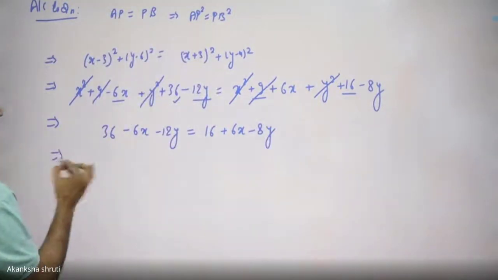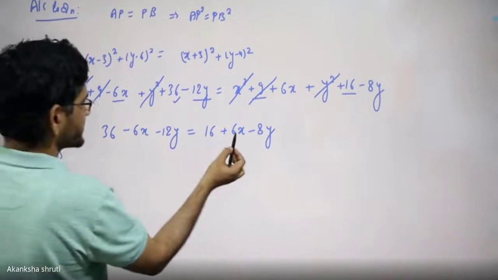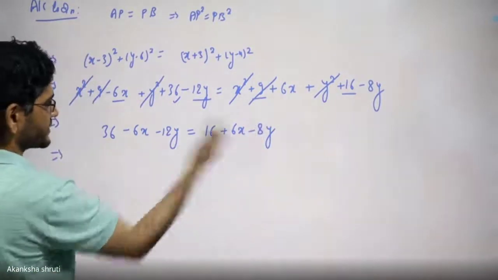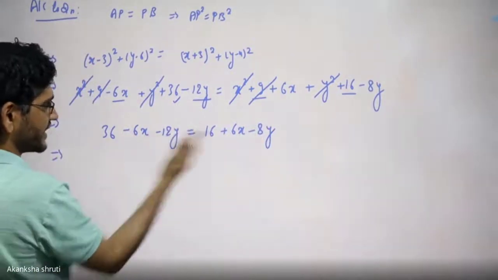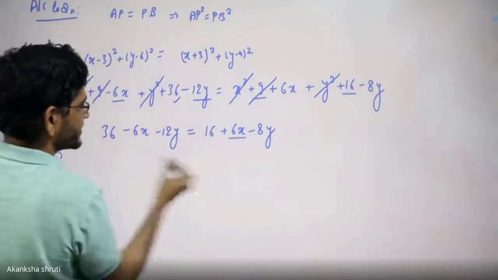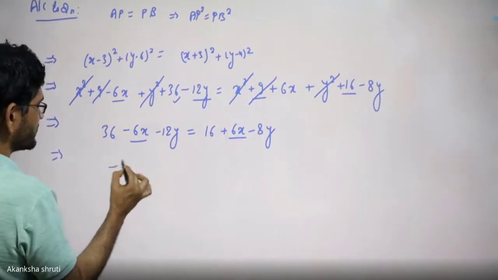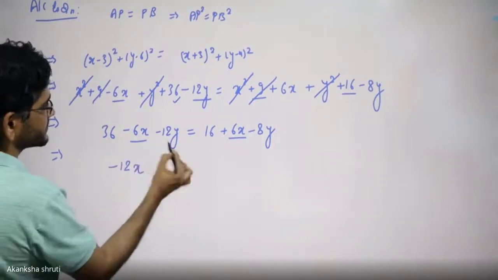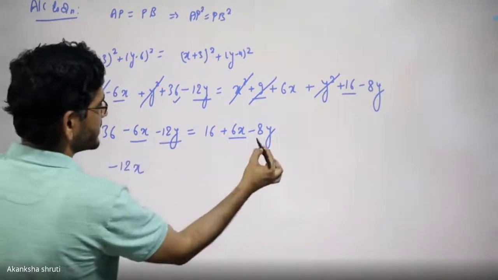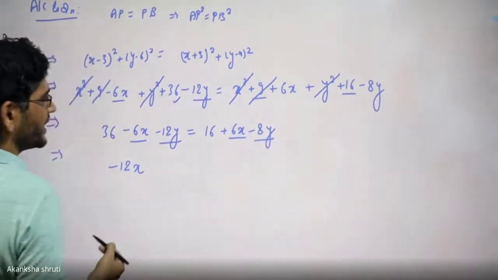Students, let us simplify this further. Bring this x, y and the number to the left hand side, and we will get a linear equation. This is our 6x and 6x. This is positive, this is negative. So minus 12x, minus 12y, minus 8.